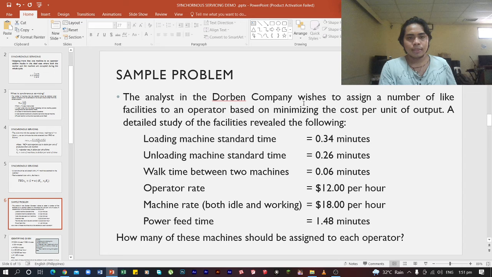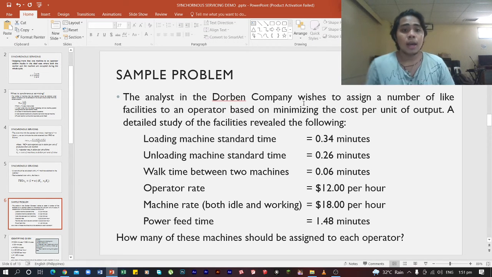The analyst in the Durban company wishes to assign a number of like facilities to an operator based on minimizing the cost per unit of output. A detailed study of the facilities revealed the following. Loading machine standard time is 0.34 minutes.